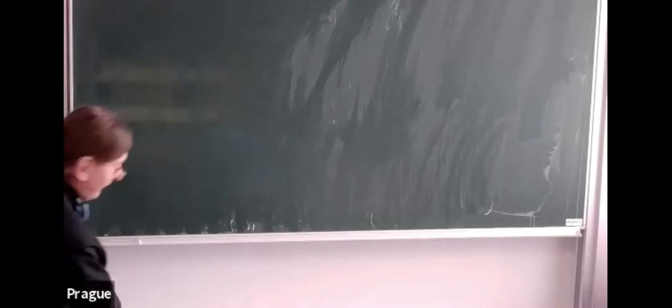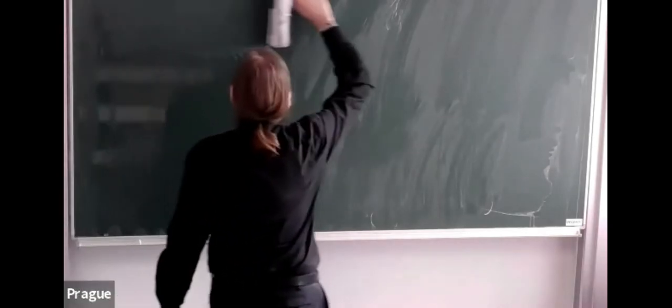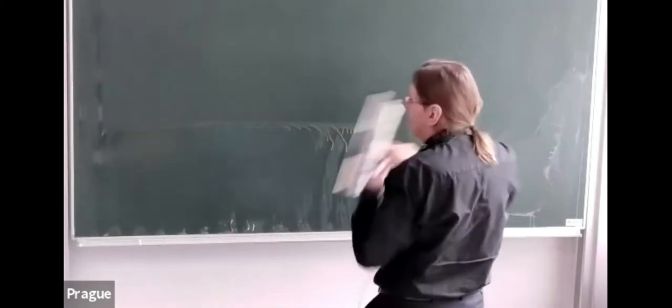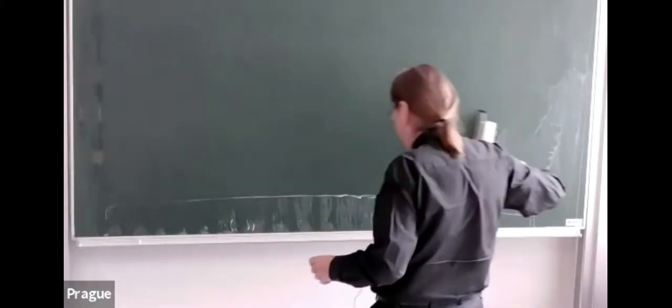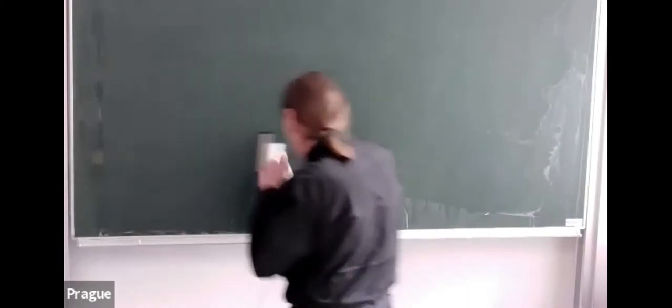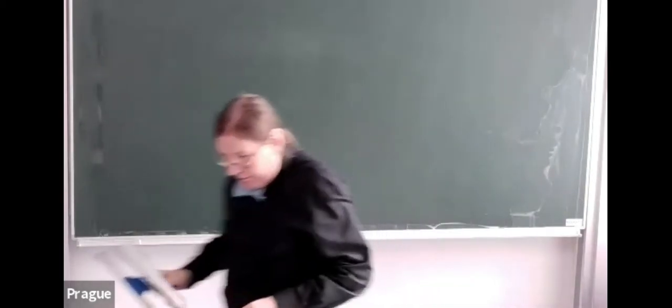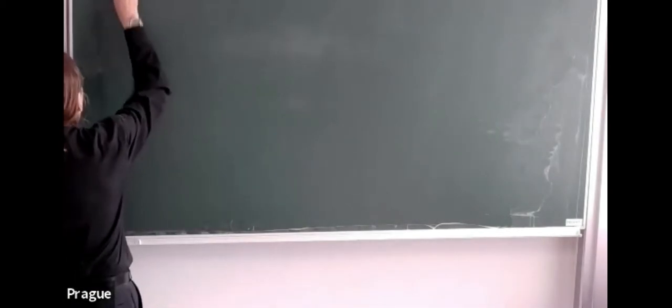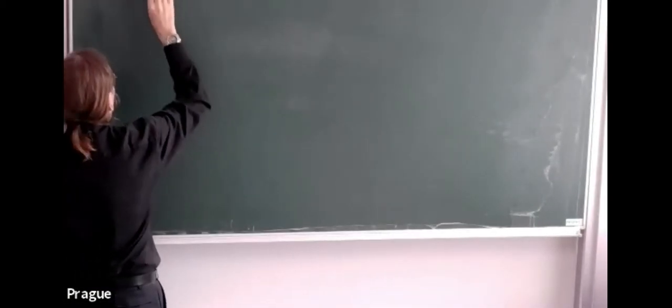So this is defined in the following way. All right, so category GR of directed graphs.